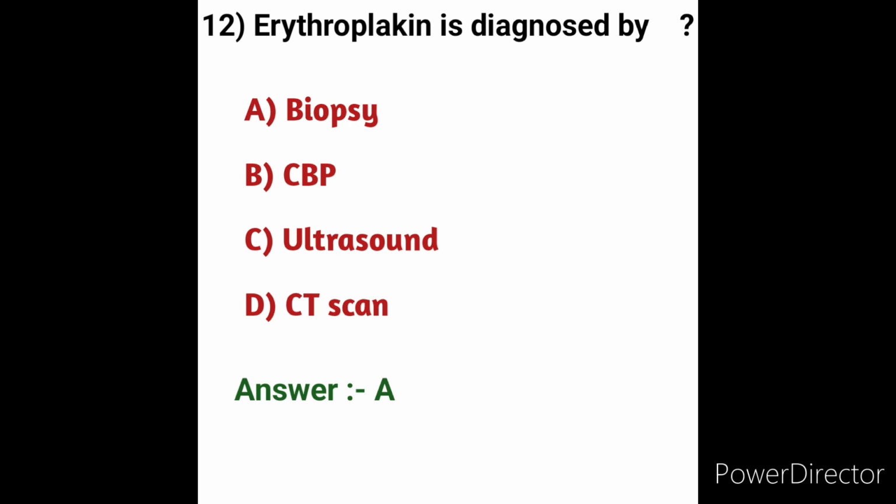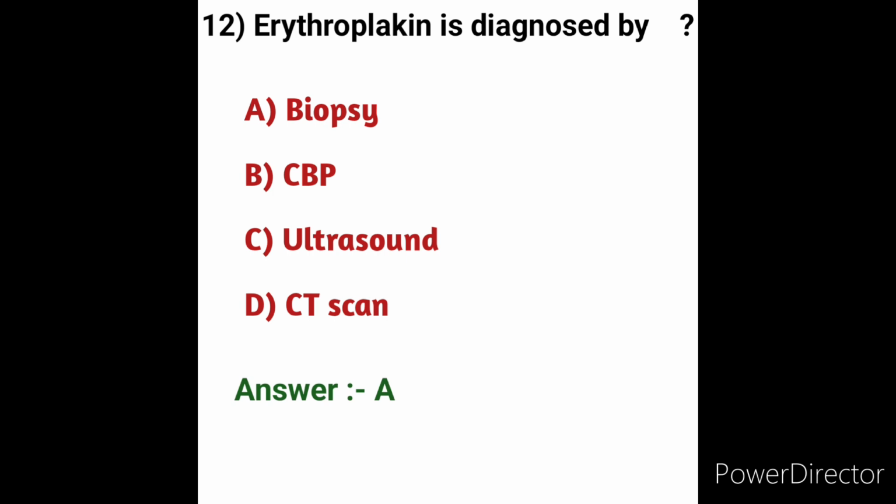Erythroplakia doesn't always cause pain or other symptoms, and the condition often goes unnoticed until your dentist discovers it during a routine oral examination. At that time the doctor will advise a biopsy.